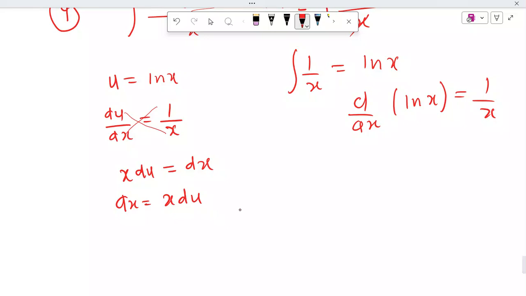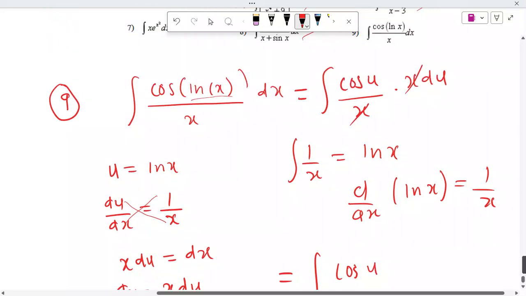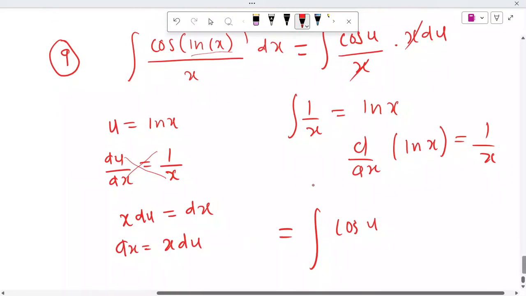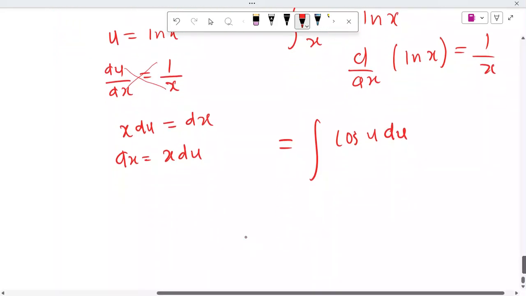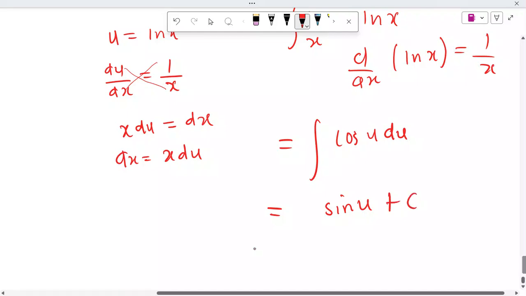So let me continue from here. This will be the integral of cos u du. You know the integral of cosine is just sine u. Oops, why did I write du, sorry. So sine u plus c.